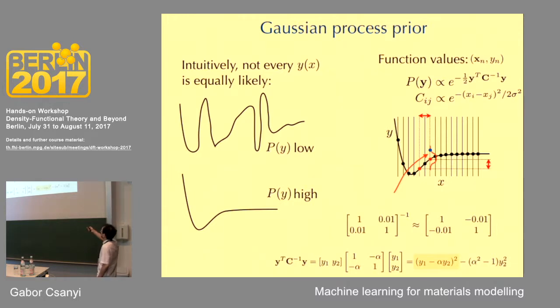And so here's an example of this. Suppose this is the kind of function I want, and here's a point which I know about, and here's another point. Let's take this point as the one that's given, and this is the one that I'm uncertain about.